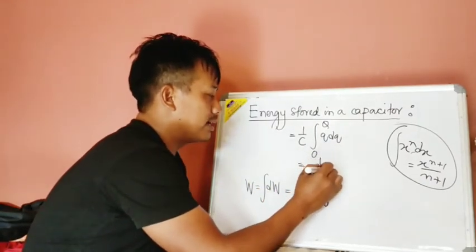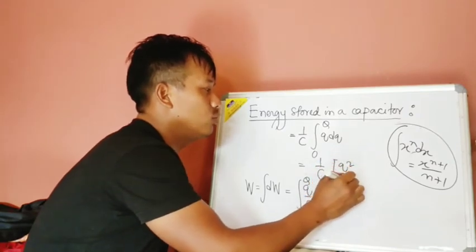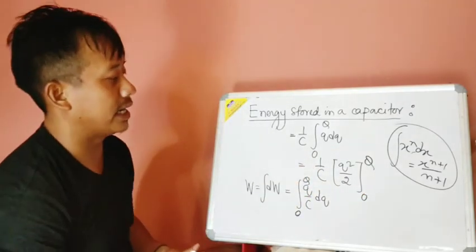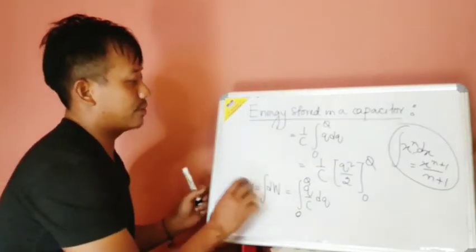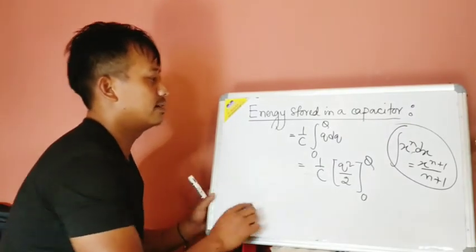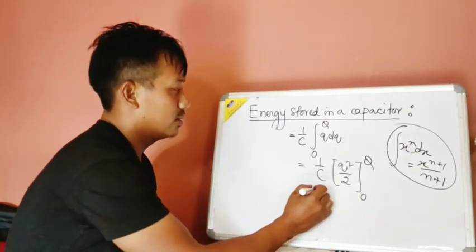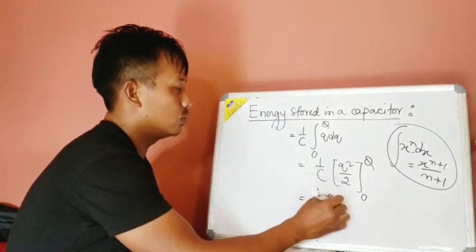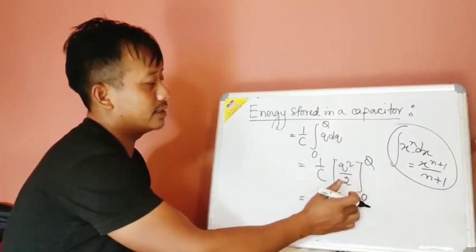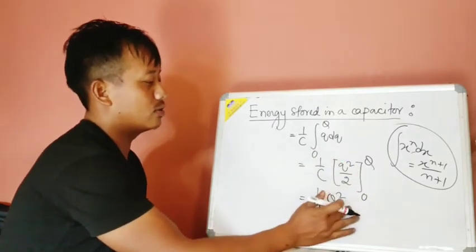This will be 1 by C times q square by 2, lower limit 0, upper limit Q. Let us substitute the limits. Upper limit gives 1 by 2 Q square by C, and lower limit gives 0.